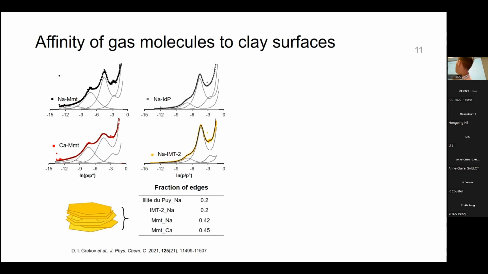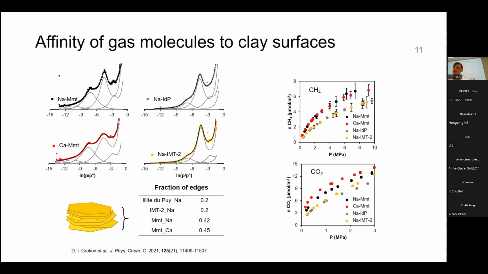And actually, for both illites, it is on the order of 20%, while for smectites, we are between 40 and 45%. So now it is not surprising that for smectite we have higher affinity. This is because we have higher amounts of high energy surface sites on this clay.